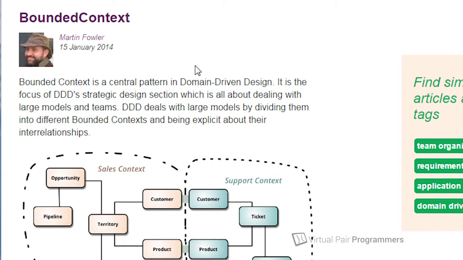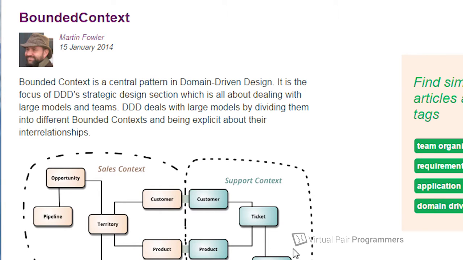And really this jargon term means what I've just been describing, where we have large models that have been divided down into different, what he calls bounded contexts. And a bounded context is where you have data purely for one specific business area. So there's a nice example here where this previously monolithic data model has been broken down into a data model for the sales area or context and a data model for the support area or context.